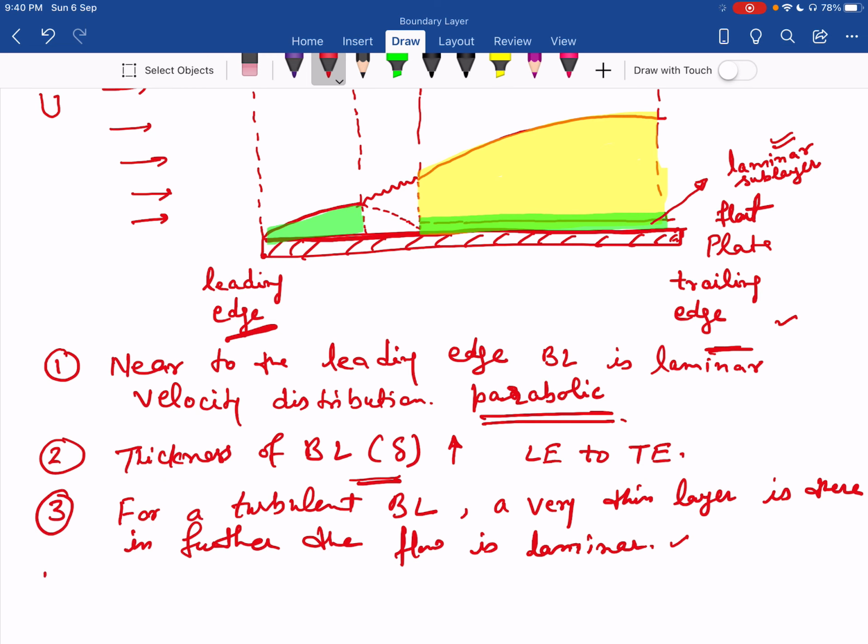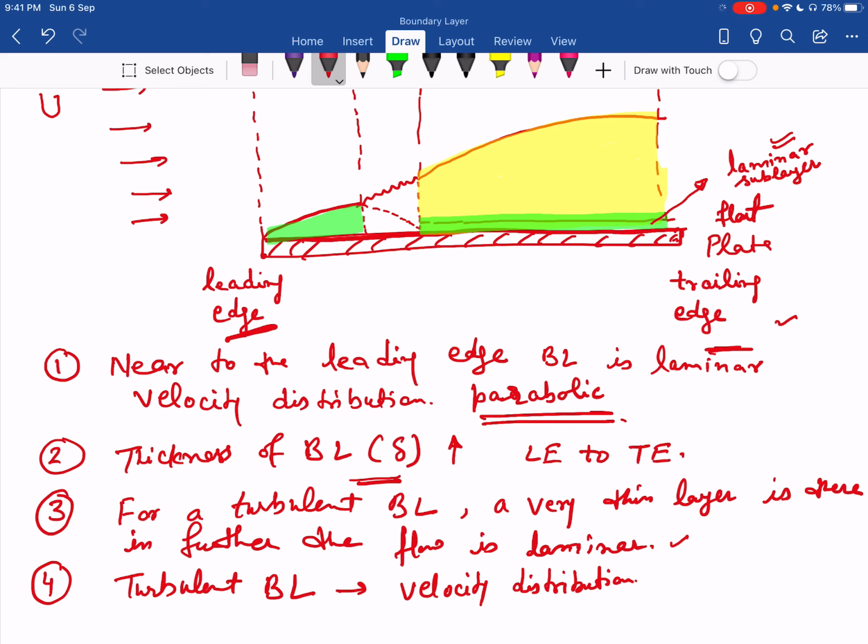Then another point you can note here: the velocity distribution in turbulent boundary layer. Within the turbulent boundary layer, the velocity distribution is not parabolic in nature.